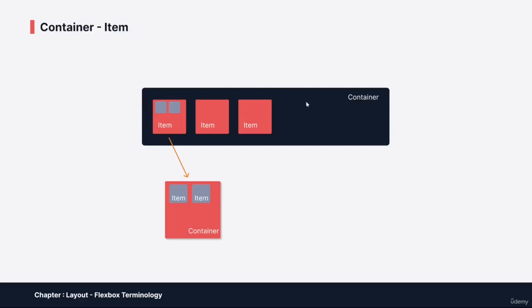So when we talk about this dark element, then we want to say it's a container and it has items. When we talk about one of those items and we want to describe their relationships to the elements inside, then you change perspective and it becomes the container, and those inner elements are the items, and so on and so forth.